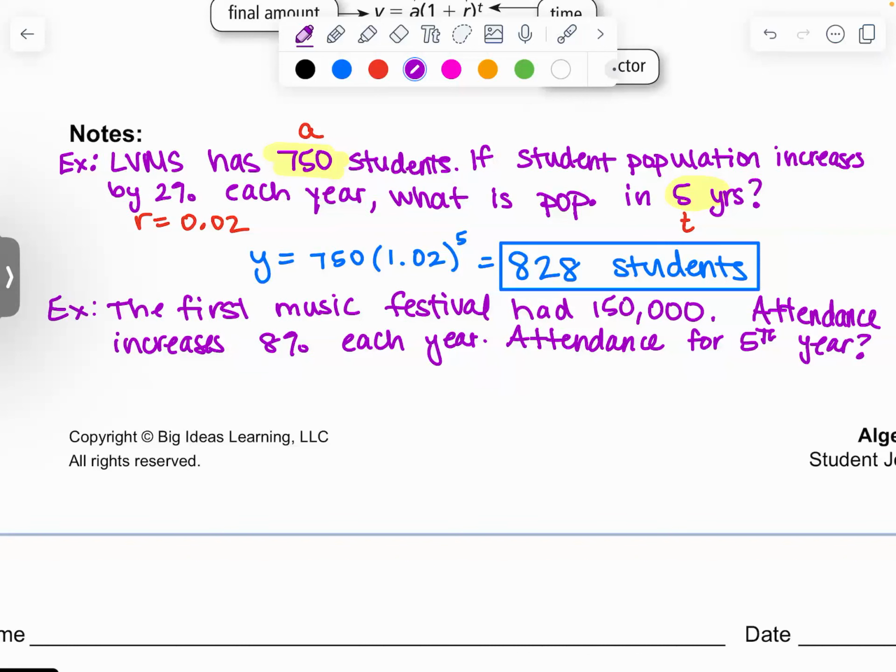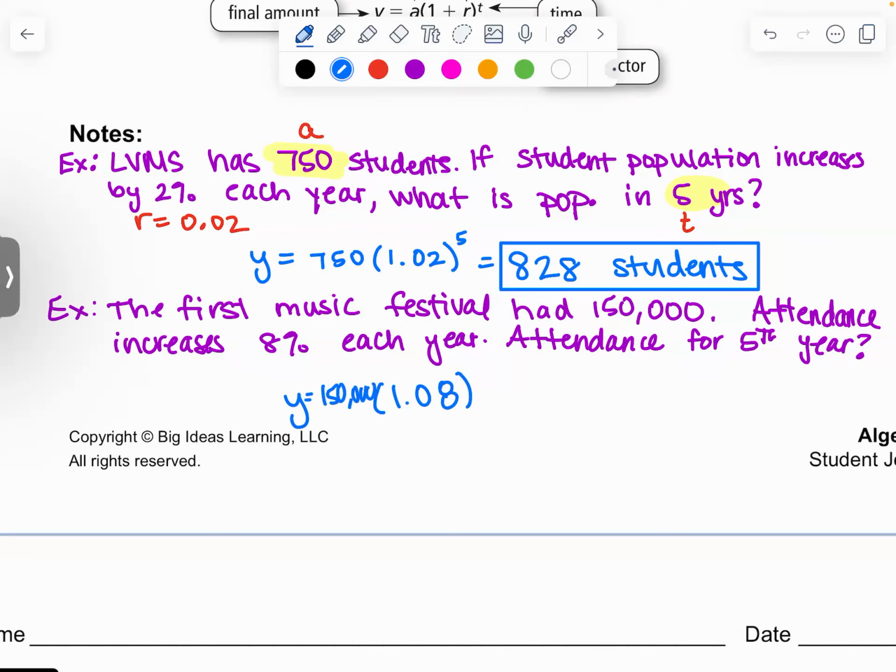Well, attendance for the 5th year. We do 1.08. Do you agree, 1.08? Okay. We have 1.08 and we have 150,000.